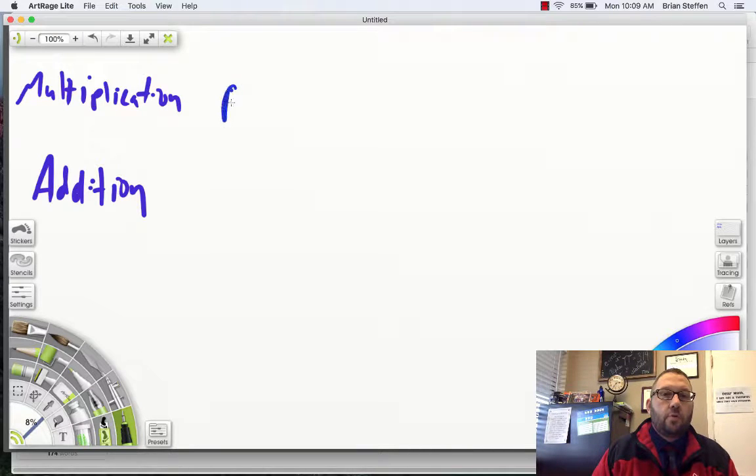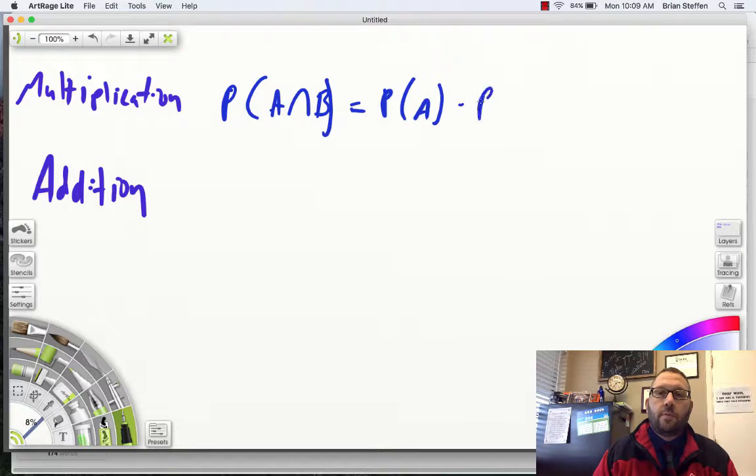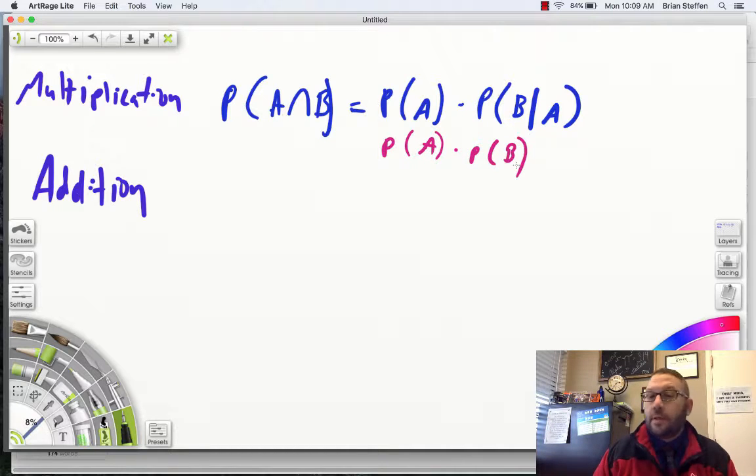The multiplication rule is this: the probability of A and B is equal to the probability of A times the probability of, well, in this case, if we know that A just happened, then it's the probability of B given A. And a little side note here is that if A and B are independent, then it is just the probability of A times the probability of B, because independence means that knowing one thing does not change the likelihood of something else.